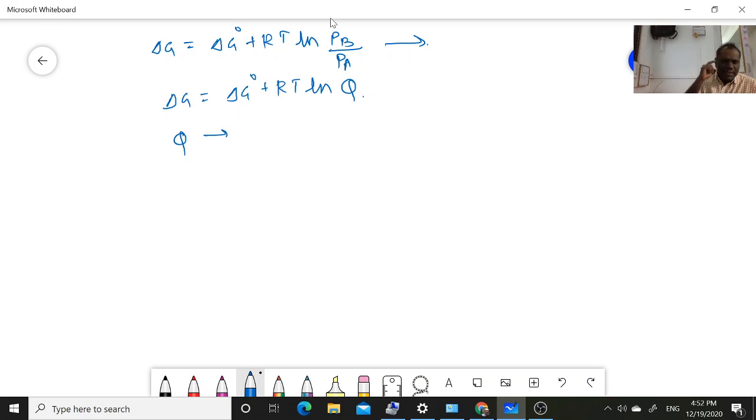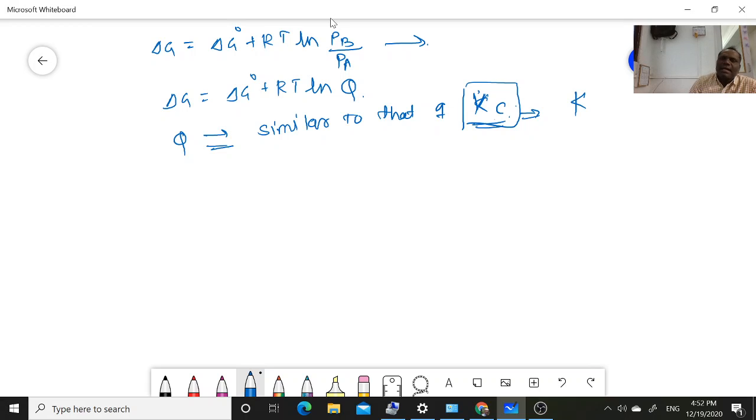I have already stated the quotient factor. This quotient factor is similar to Kc. What is this Kc? Kc is the equilibrium constant, which we derived in the last lecture. If the reactants are expressed in concentration, then it is Kc.